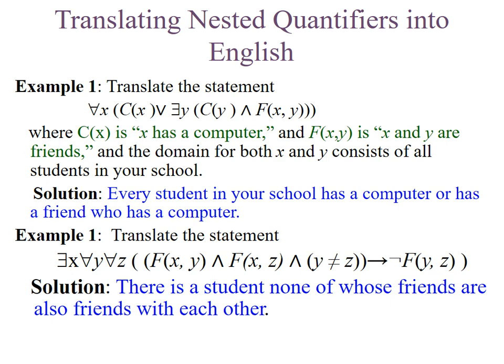Alright, so we have the equivalent form, not for some x, so we have for all x. Then we have not for all y, and we have for some y, for some z. And then negate this parenthesis. Okay, so not this parenthesis, that means we have both f x y and f x z, and y does not equal z.